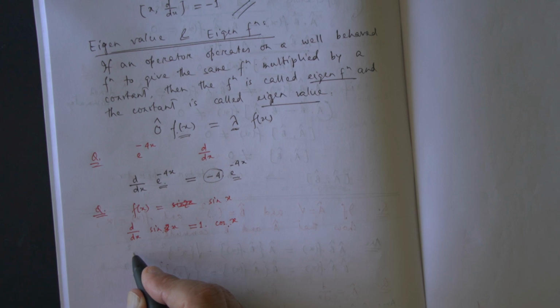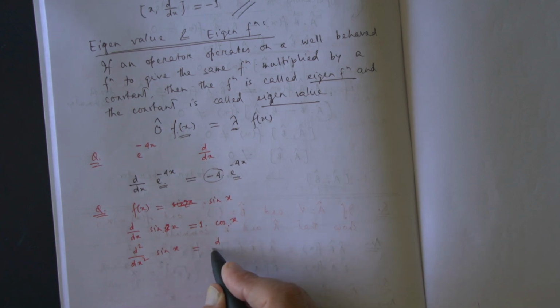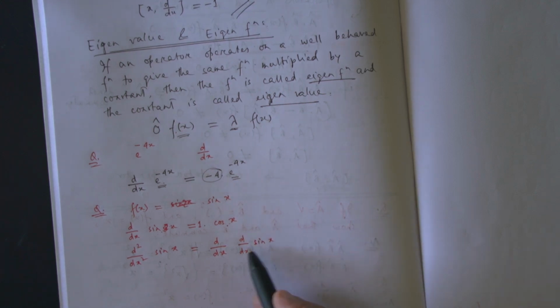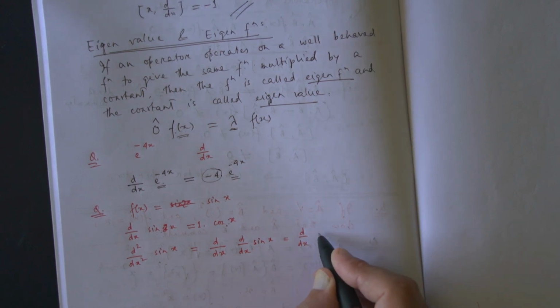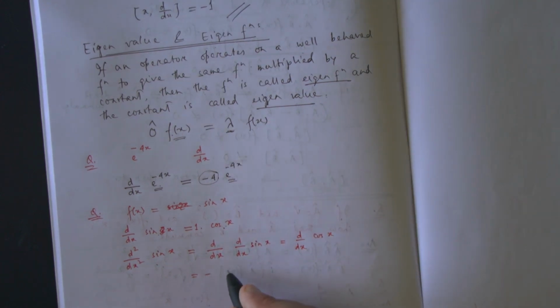But if we do this, say d2 dx square sin x, this is equal to d dx of d dx sin x. So d dx sin x equal to cos x. So d dx cos x is equal to minus sin x. So I can write minus 1 into sin x.